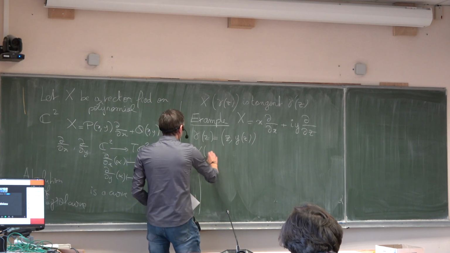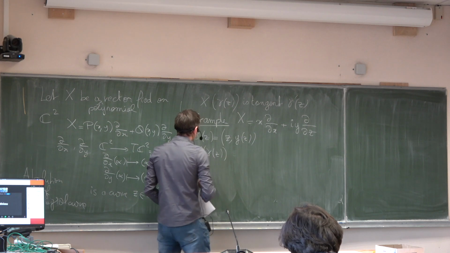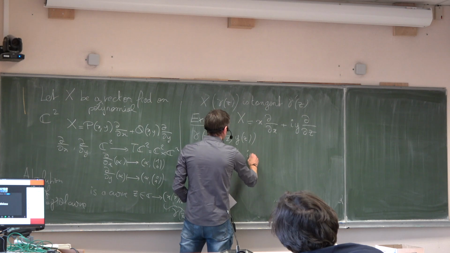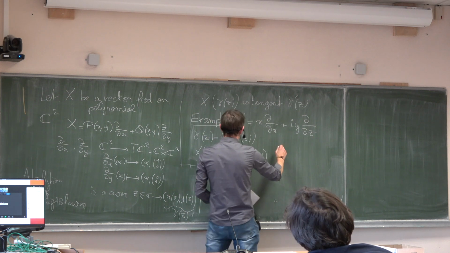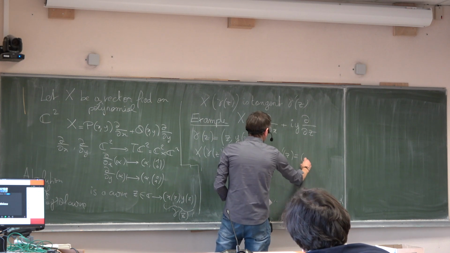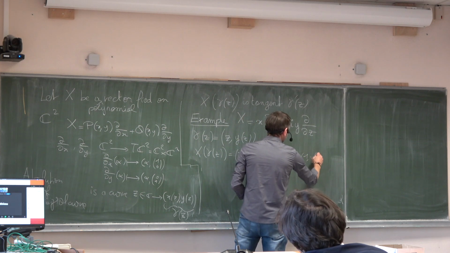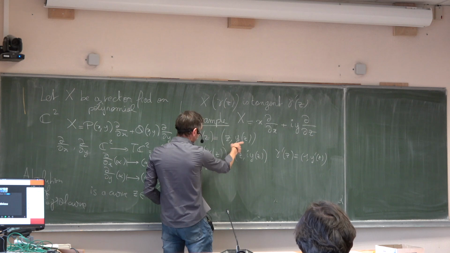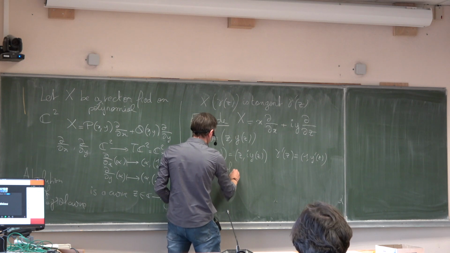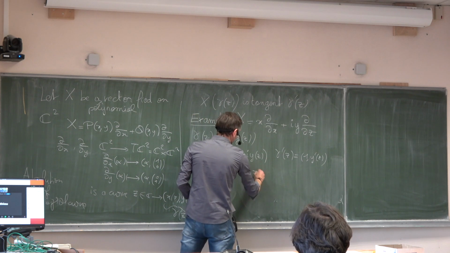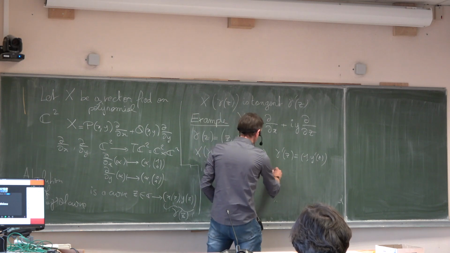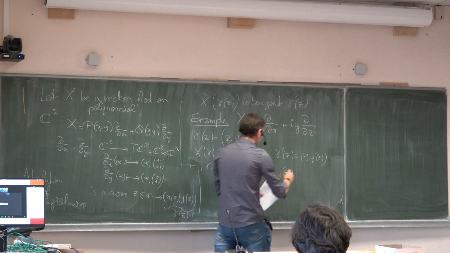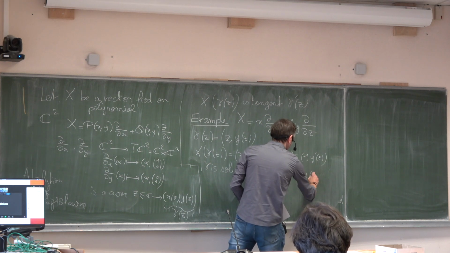If you compute the vector field on gamma(z), this is just z and i y(z), and gamma prime is just 1 and y prime. So this gamma is a solution if and only if y satisfies some differential equation: if and only if z y'(z) is equal to i y(z).